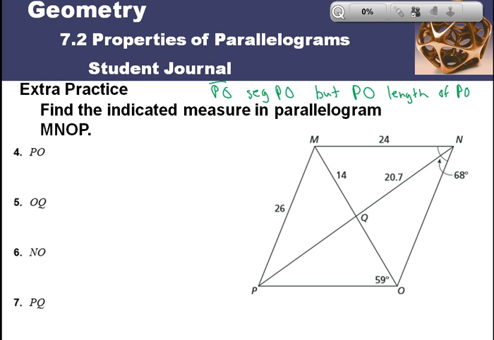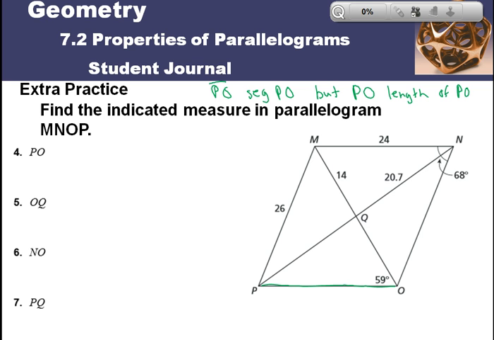Okay, so good. So here's PO. PO is this line down here. So there's PO. So PO is a side, so we know that opposite sides are equal. So what side is opposite PO?